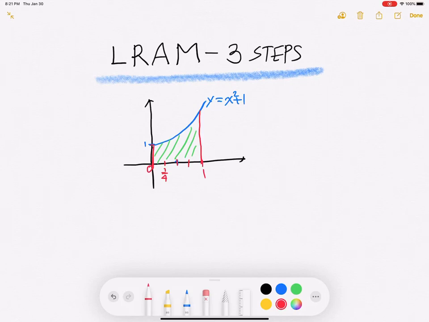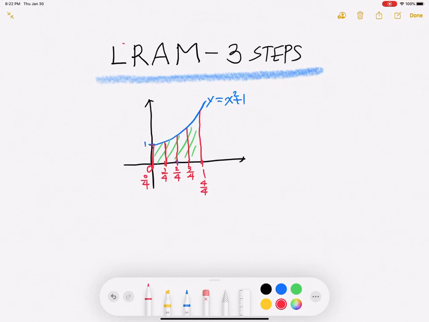The second point is 2 over 4, which is 1/2. The third point is 3 over 4, and 1 is actually 4 over 4. You can rewrite the 0 as 0 over 4. That works, right? And then we draw a vertical line at each x, so we make 4 subintervals.